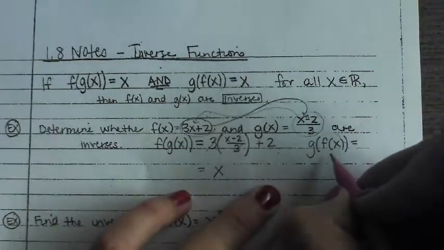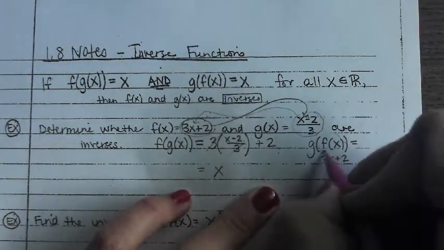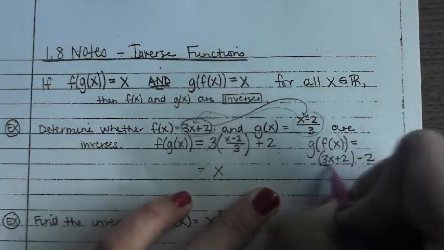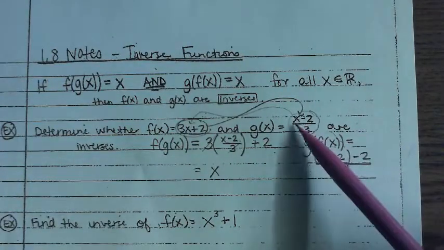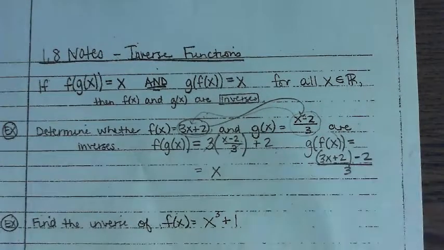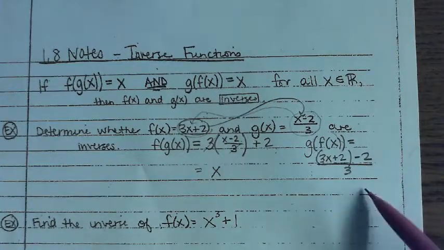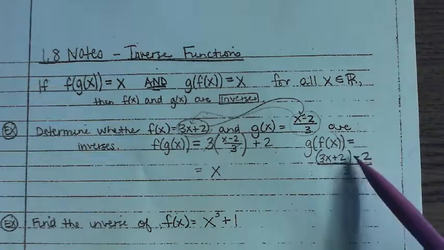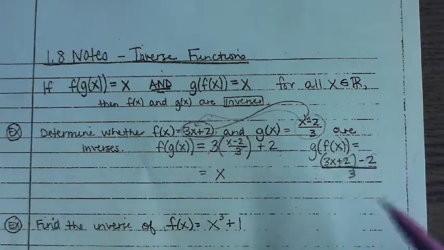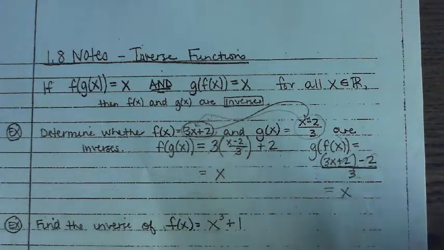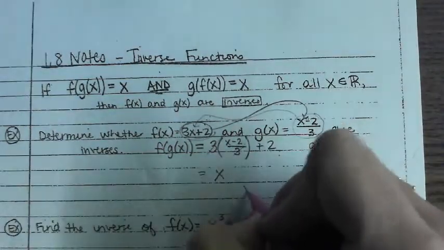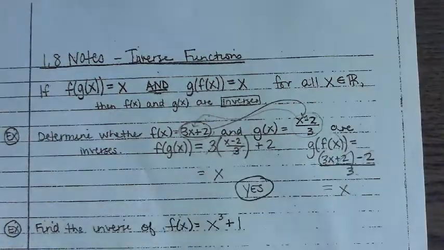So that would be 3x plus 2 minus 2 all over 3. I'm replacing this x with 3x plus 2. Connor, are you with me? So we simplify the numerator, 3x plus 2 minus 2. The plus 2 minus 2 cancel. 3x divided by 3 is x. So this would be yes, and you had to prove it both ways.